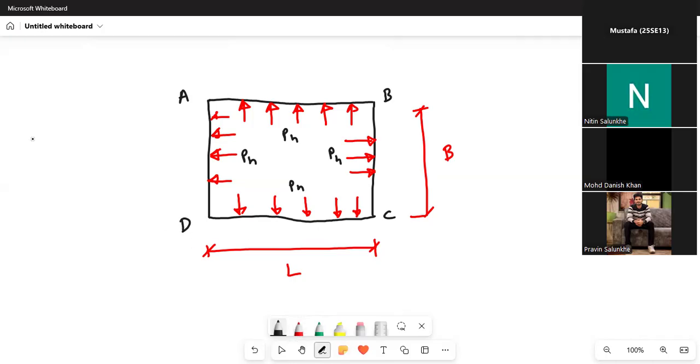So here we are designing the vertical wall, and that vertical wall is subjected to lateral pressure. Because of the lateral pressure, bending moment will be induced in the vertical wall, and one more force will be induced in the vertical wall, that is direct tension.